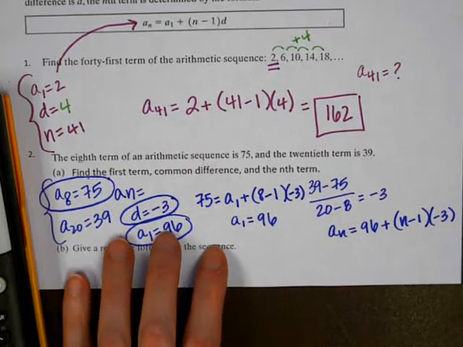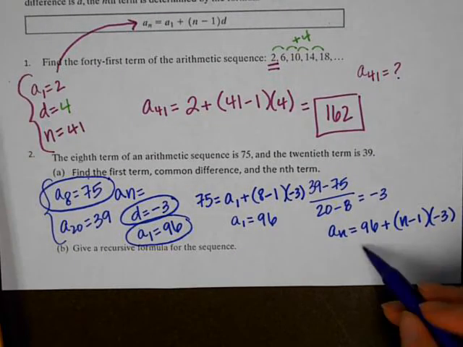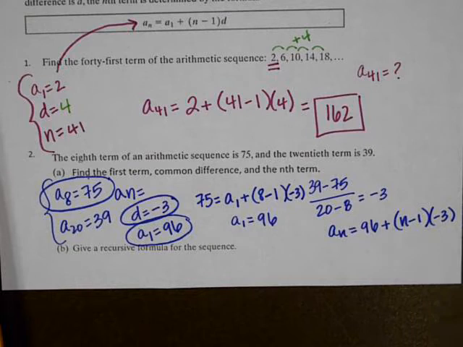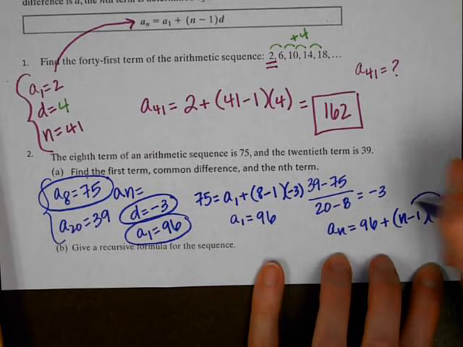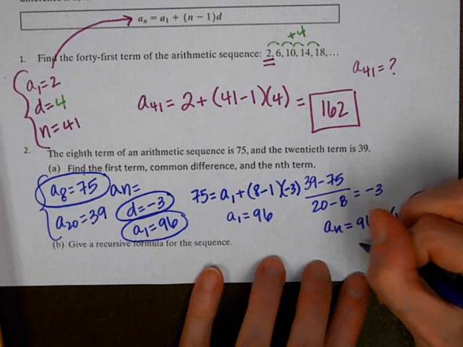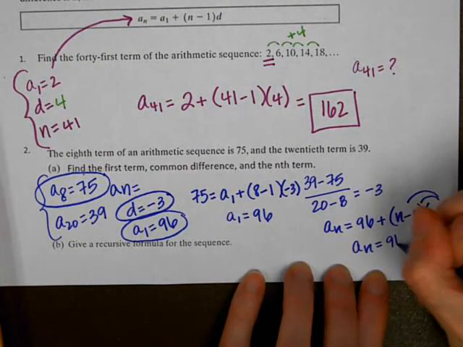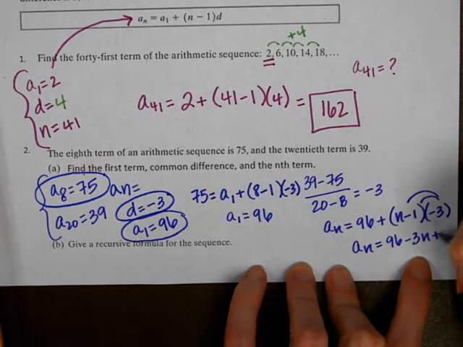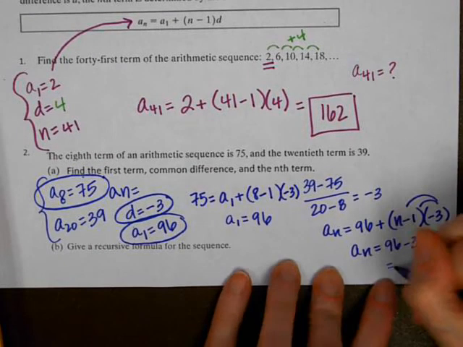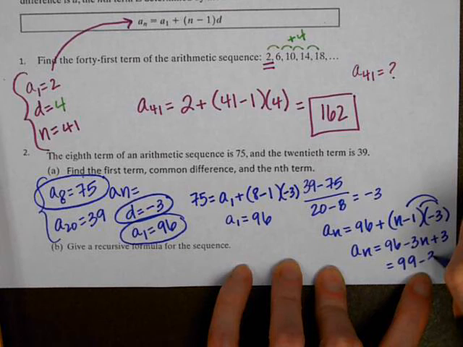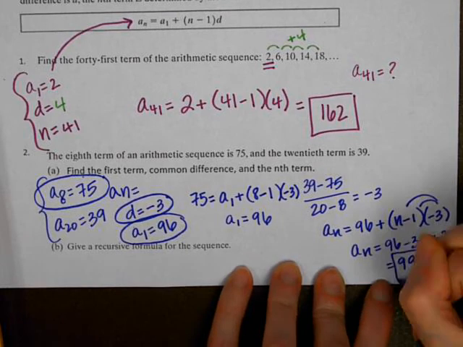Now, we're not going to actually get a nice answer for this. We're just going to get an expression in terms of n. So if you just distribute and add like terms, we end up getting A sub n equals 96 minus 3n plus 3, which is actually 99 minus 3n. So that's going to be the nth term.